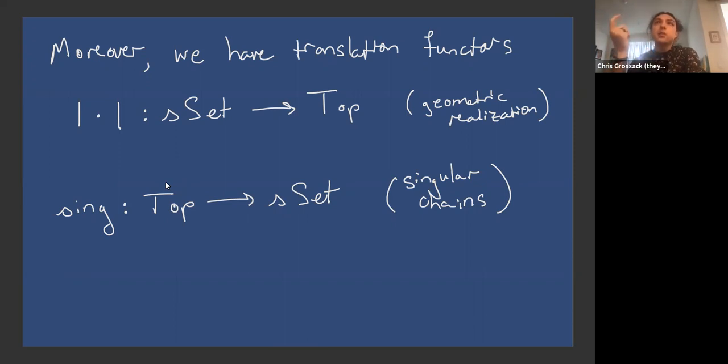My n-dimensional simplices inside of my topological space X are just going to be all continuous functions from the topological n-simplex into my space X. You might recognize this from singular homology or cohomology if you've taken a class in more traditional algebraic topology. And when you do this, there are going to be obvious face and degeneracy maps that come from those of the topological simplices.